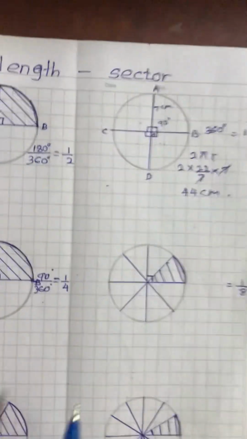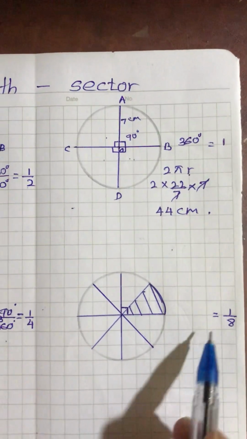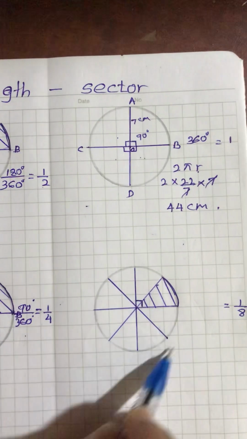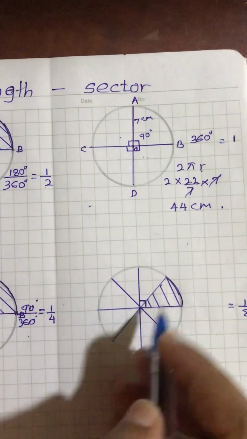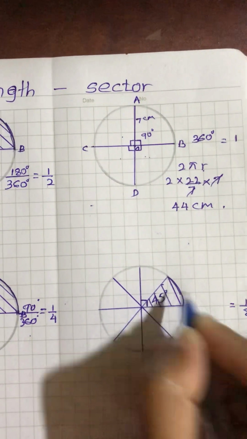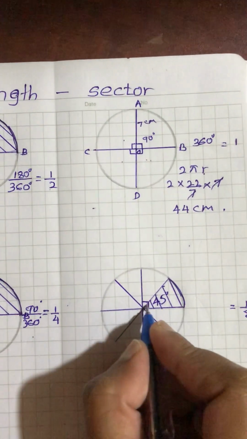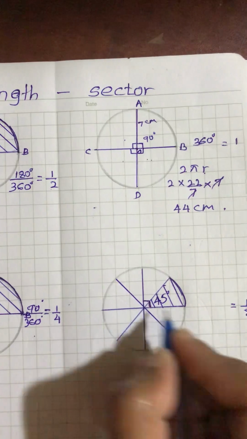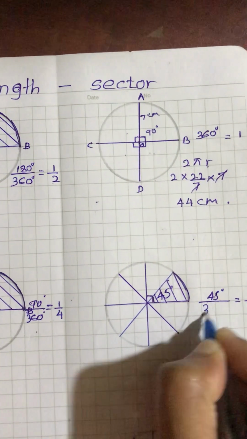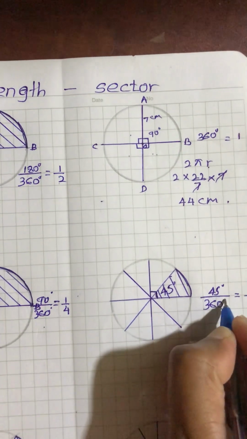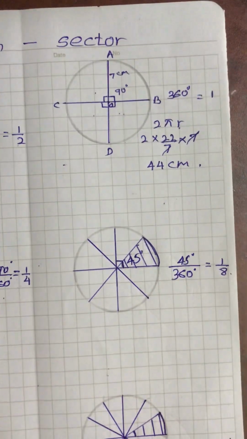And then let's move on to the next picture, which is 1/8 of the circle. So, 90 degrees divided by 2 is 45 degrees. If the angle at the center is 45 degrees out of 360 degrees, that is 1/8 of the circle.